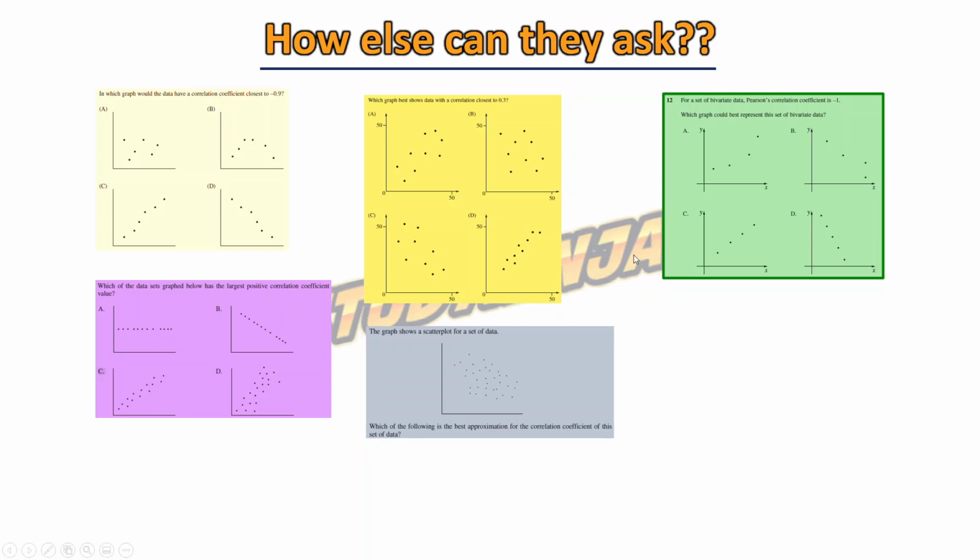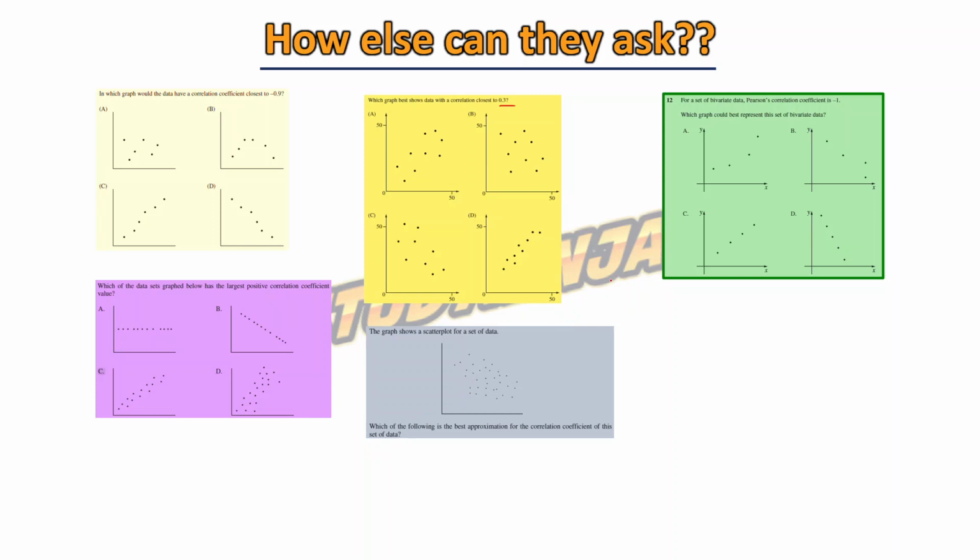As far as the variations are concerned, I actually can't think of any other way the examiner can ask these questions. If it is asked in the context of a scatter plot, it has to be this. They would either give you a number and ask which of these represents it the best way, or they would give you a chart and ask which of the numbers are representing this chart.